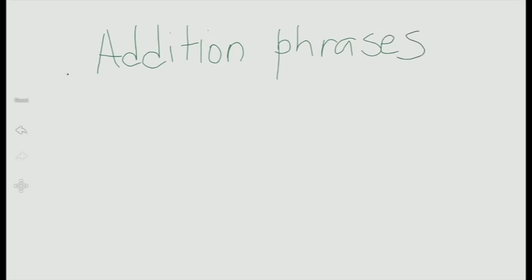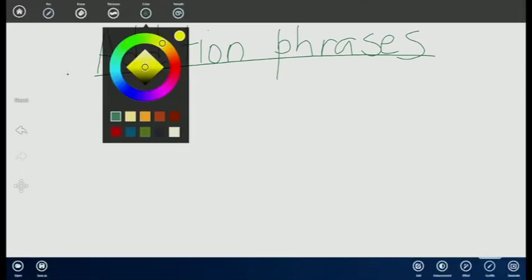So beyond opinion phrases, we then have what is called addition phrases. Just like the name suggests, addition phrases are used to add information. And when you add information, you cannot add something unless there's something that you've already put forward.